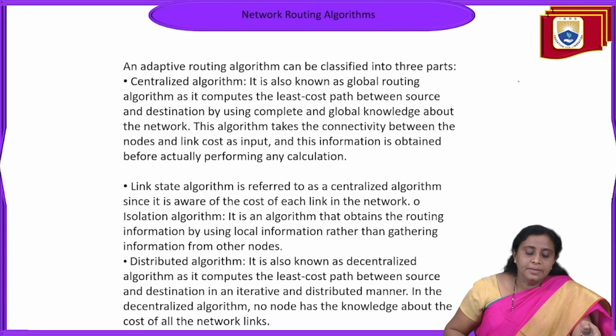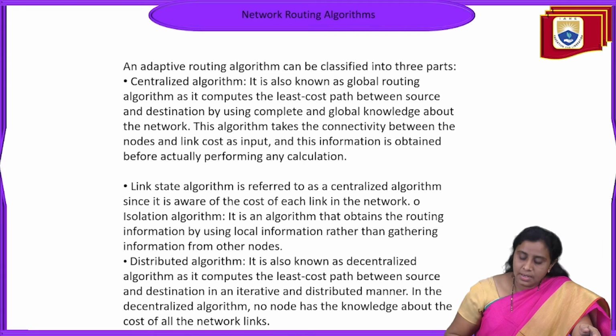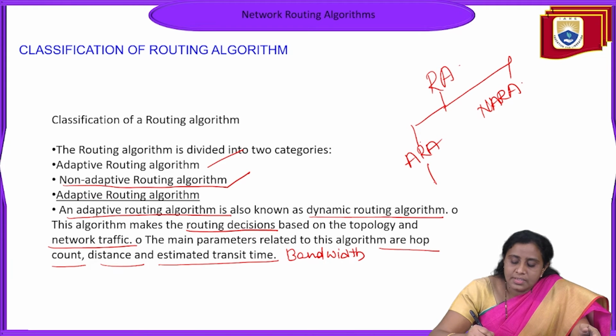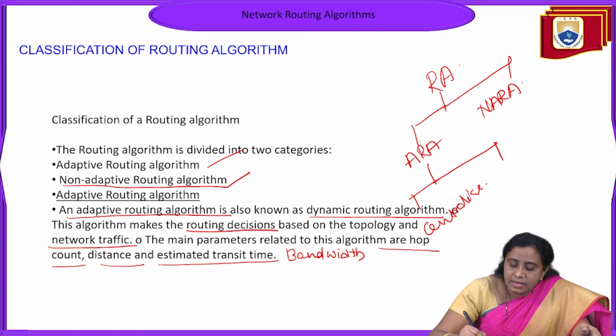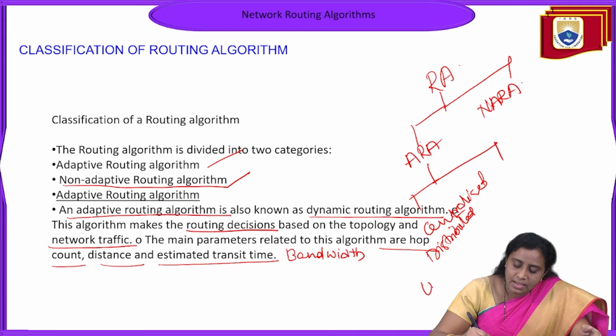The adaptive routing algorithm can be classified into three types: centralized algorithm, distributed algorithm and link state algorithm.